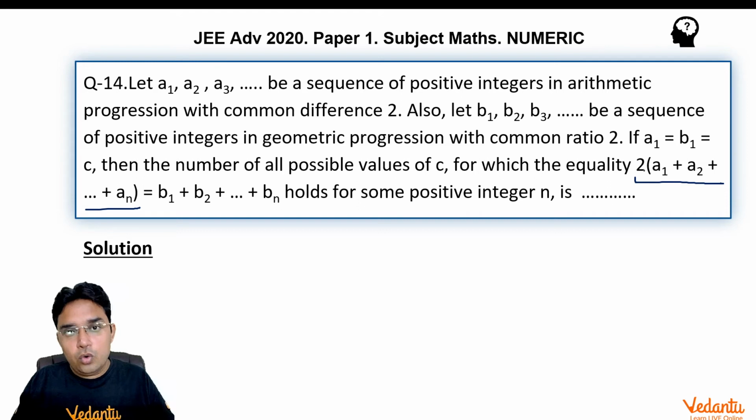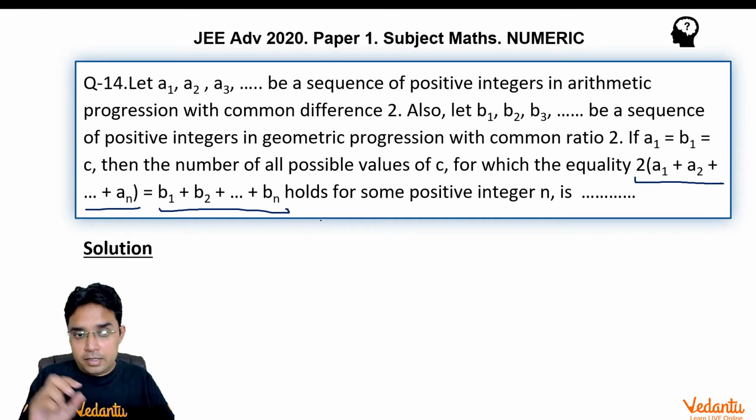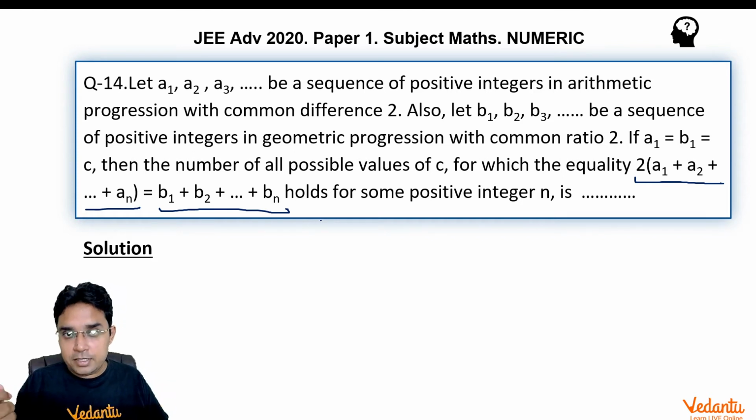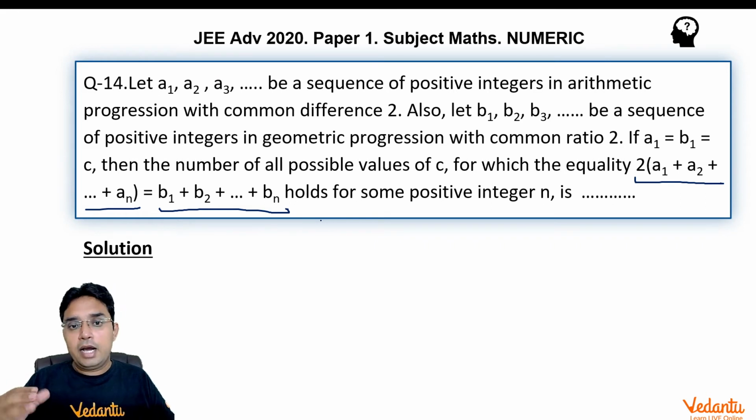If I include the 2 also inside it, that common difference can be considered to be 4. On the right hand side, this is a GP with common ratio 2, which means the terms will be increasing very fast as compared to the terms of the series on the left hand side, because on the right hand side the terms are becoming double. So it looks like after a certain value of n, it will become impossible for these two series to become equal. I will tell you this through a calculation now.